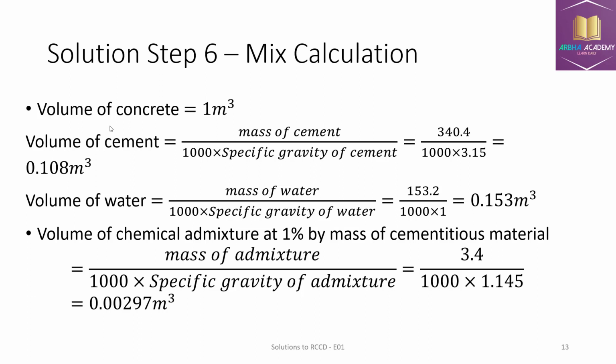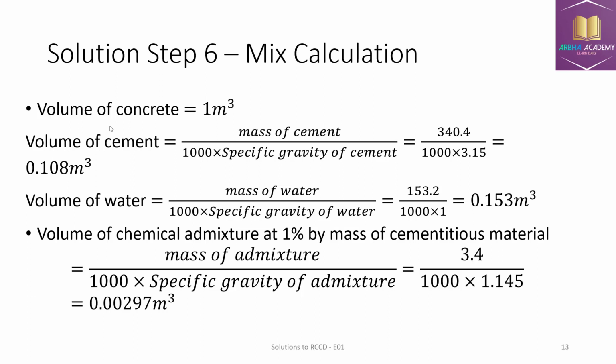And then we need to find out the volume of water. So simple, mass by specific gravity, for water to be used, and the volume also can be determined for water. And then the volume of chemical admixture also has to be determined, for which there is a rule stating that 1% by mass of cementitious materials is to be used.